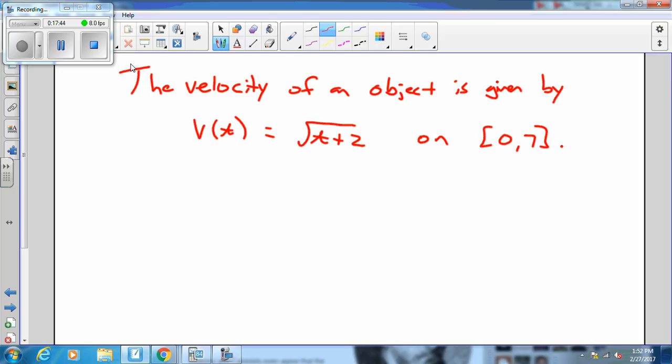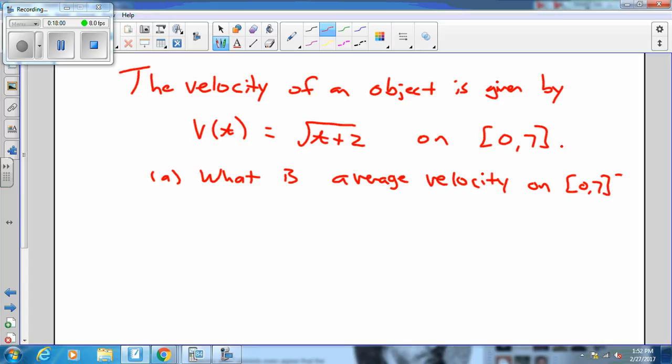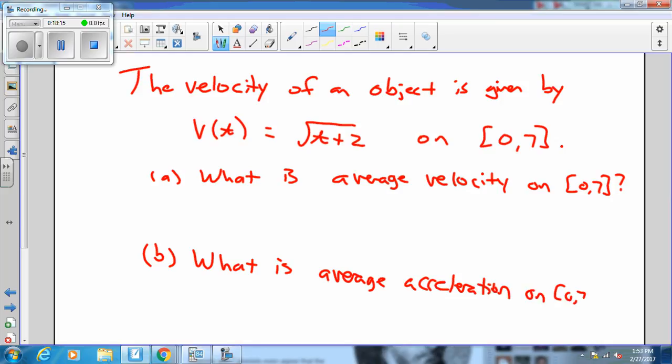First question: what is the average velocity on 0 to 7? And the second question: what is the average acceleration on 0 to 7?